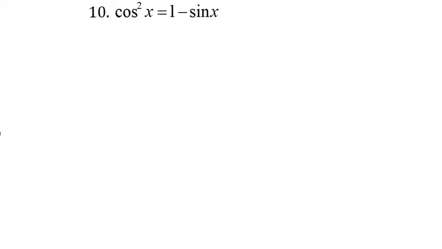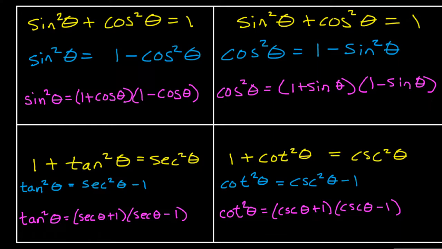So, looking at problem number 1, I'm noticing that we have cosine and we have sine in the same problem. That's no good. We really need all cosine or all sine. So I think now would be a good time to use my Pythagorean identities.